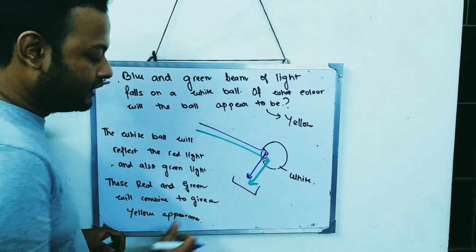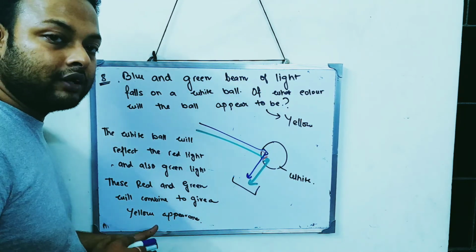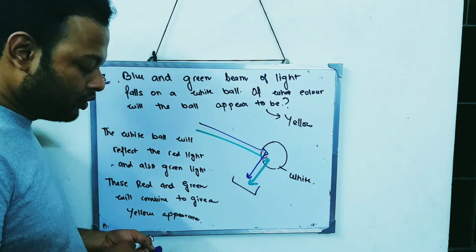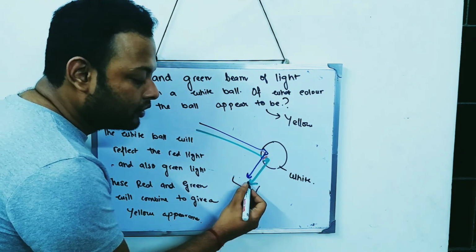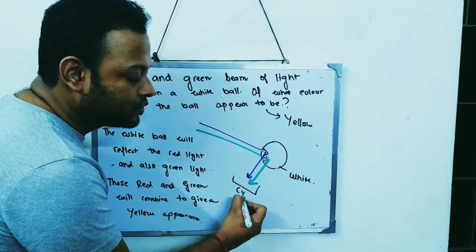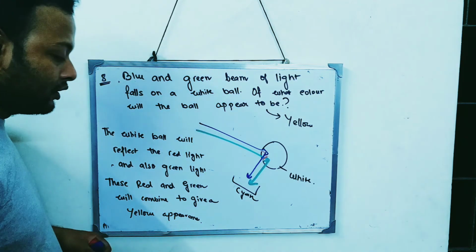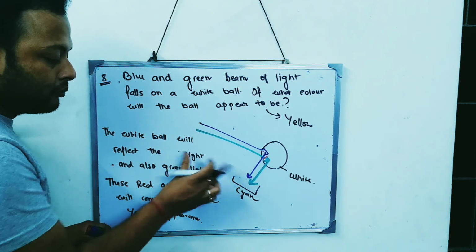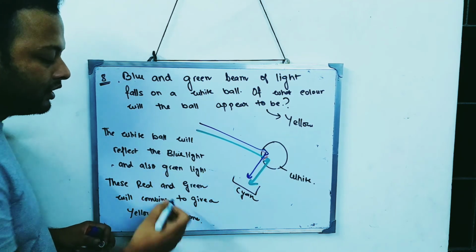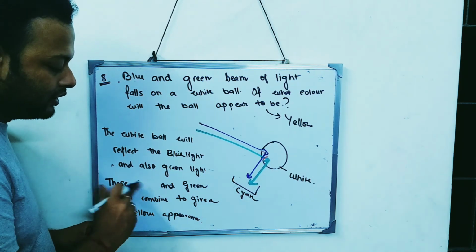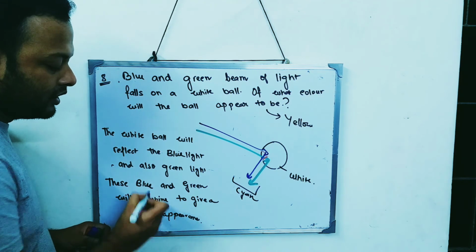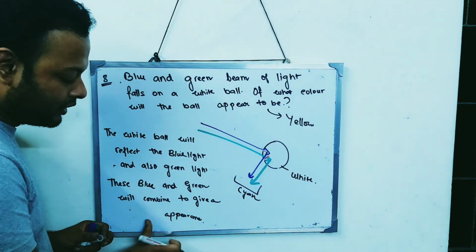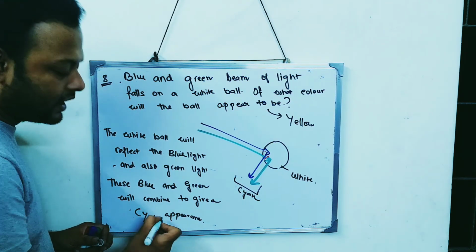The white ball will reflect the blue light and the green light. So this blue light and this green light will combine to give what kind of appearance? To give a cyan appearance.